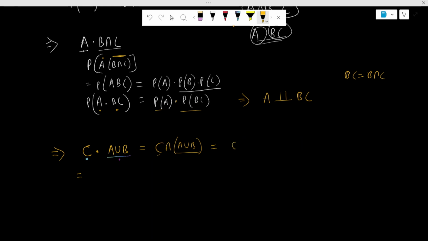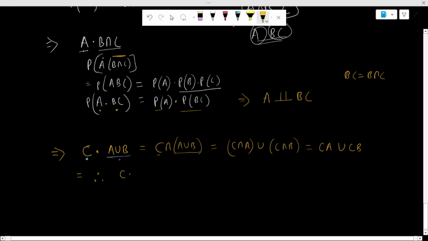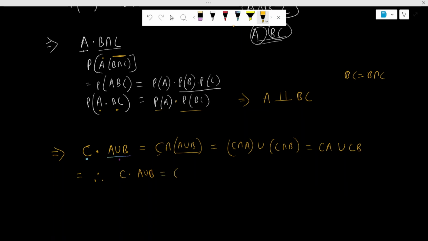So this is equal to C intersection A, union, C intersection B, which is simply CA union CB.